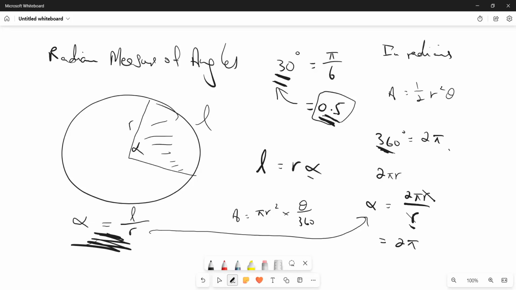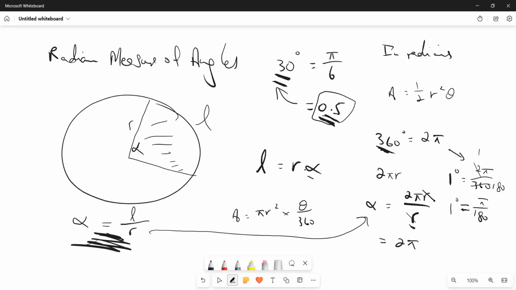So from that, you can get a relationship for how much is 1 degree. 1 degree would be equal to 2 pi over 360. So you actually have a kind of conversion factor, pi over 180.